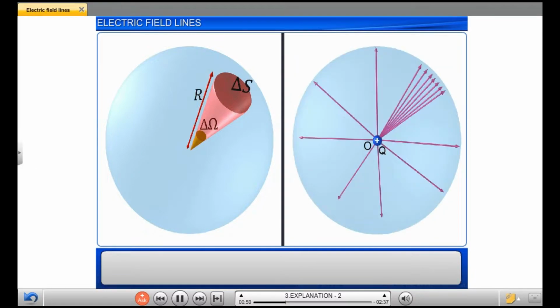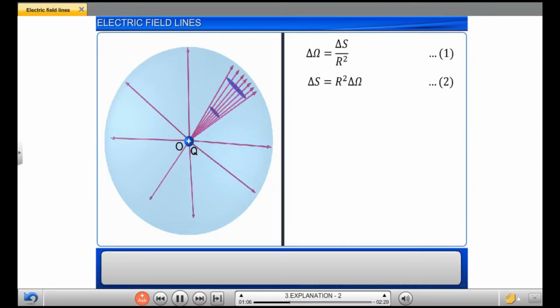For a given solid angle omega, the number of radial field lines is the same. At two different points, say X and Y, in the electric field, which are at distances r1 and r2 from the charge, we observe that the area of the elements subtending the same solid angle delta omega will be delta S1 equal to delta omega into r1 square at X and delta S2 equal to delta omega into r2 square at Y respectively.